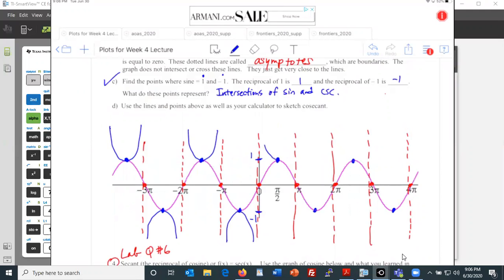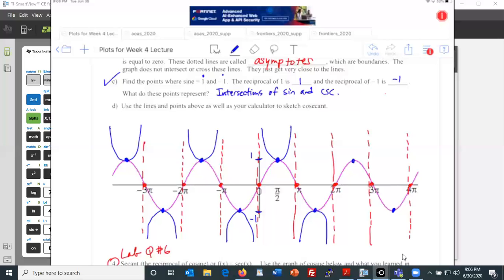Don't cross the asymptotes. And that keeps going forever and ever. So what you see in blue there, that's the cosecant function. I don't think you really need arrows. Voila. There's the graph of the cosecant function.